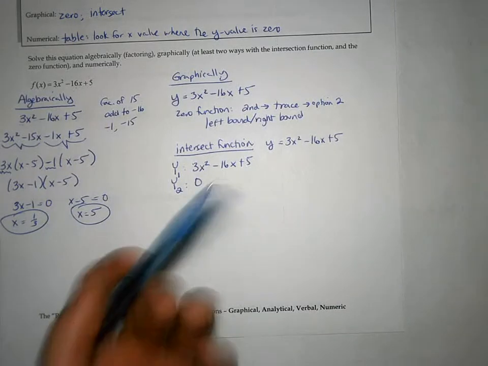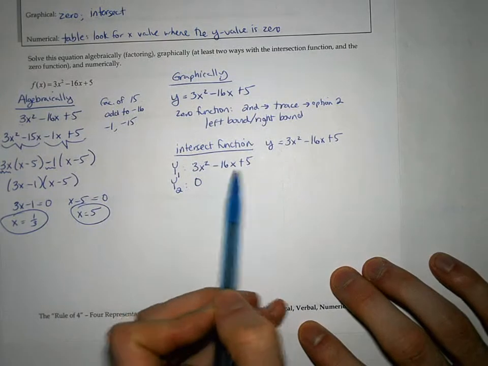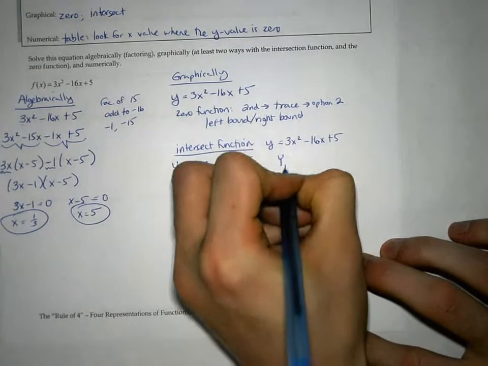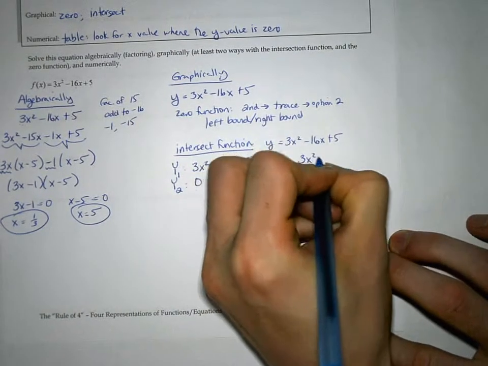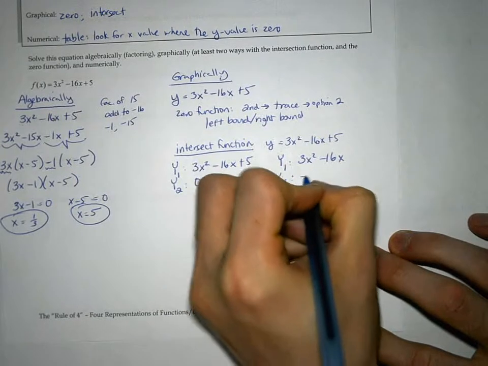But there's other ways we could use the intersect function. I can choose 3x squared minus 16x plus 5 and 0. Or if I wanted to, I could say y1 would be 3x squared minus 16x, and then y2 could be negative 5.